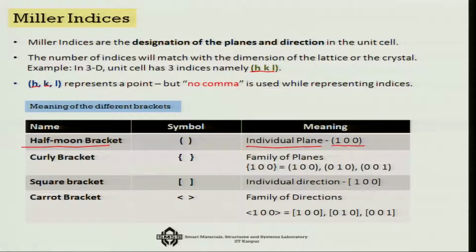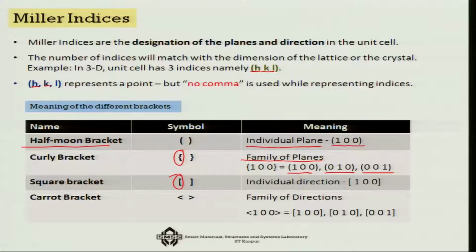Similarly, if there are other planes like 1 0 0, 0 1 0, 0 0 1, all of them together we show with a curly bracket, so that it shows a family of planes. Now, if we want to indicate just a direction, but not the plane, then we use the square bracket. That is the convention.